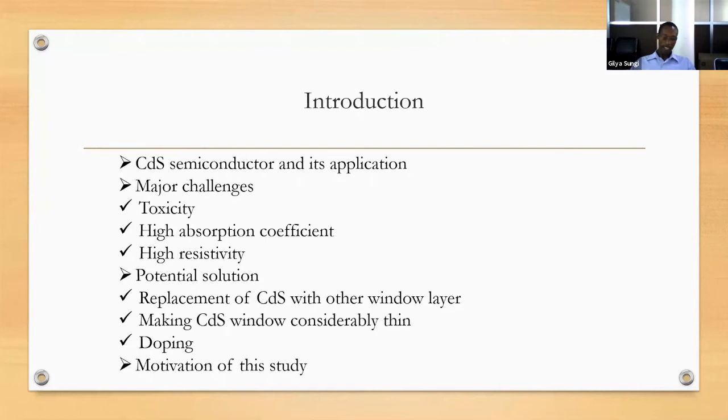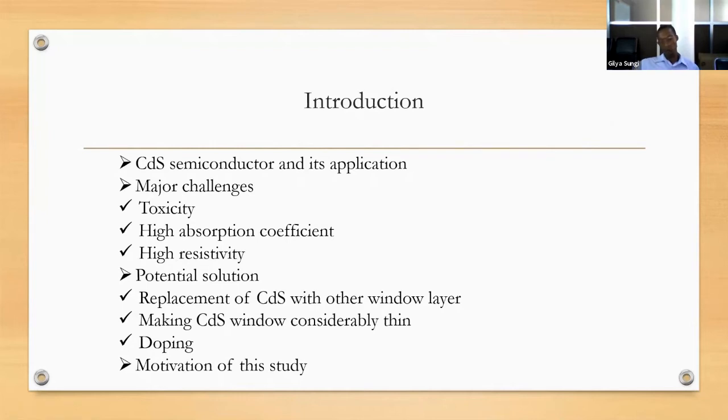However, there are two major problems when cadmium sulfide is used as a buffer layer. Among those challenges are high absorption coefficient and high resistivity. The high absorption coefficient causes window absorption, which affects the short circuit current density of a cell. And again, high resistivity.